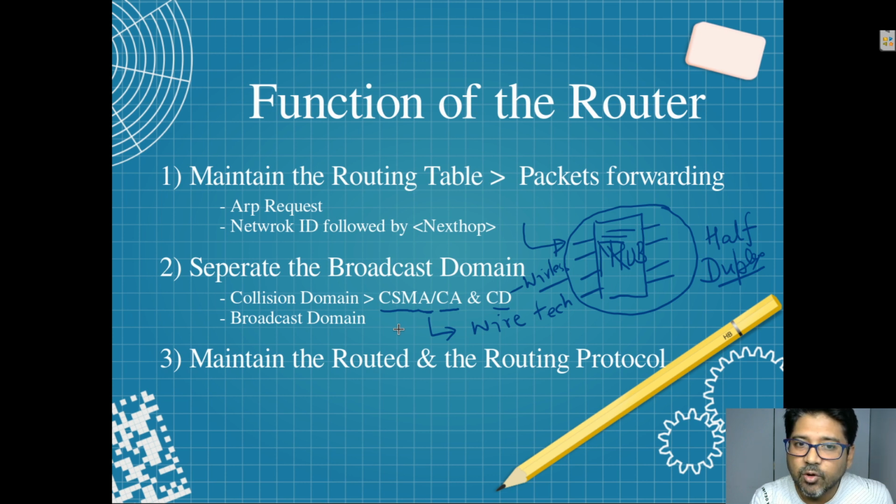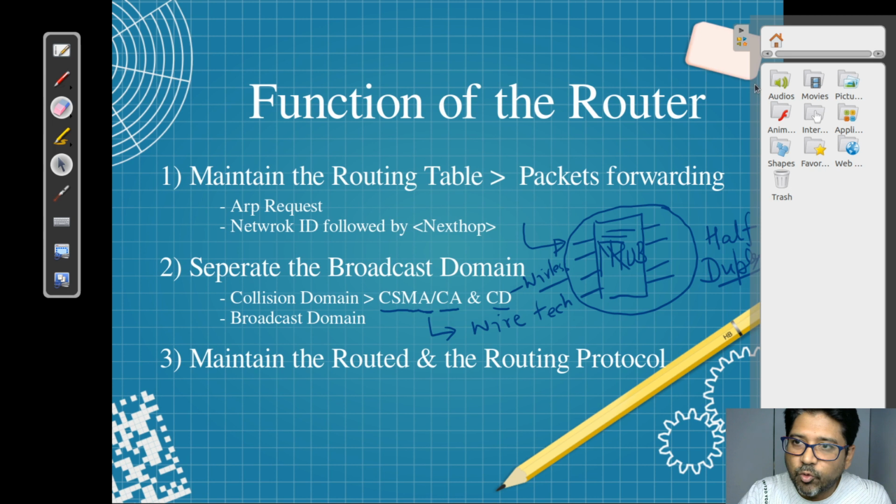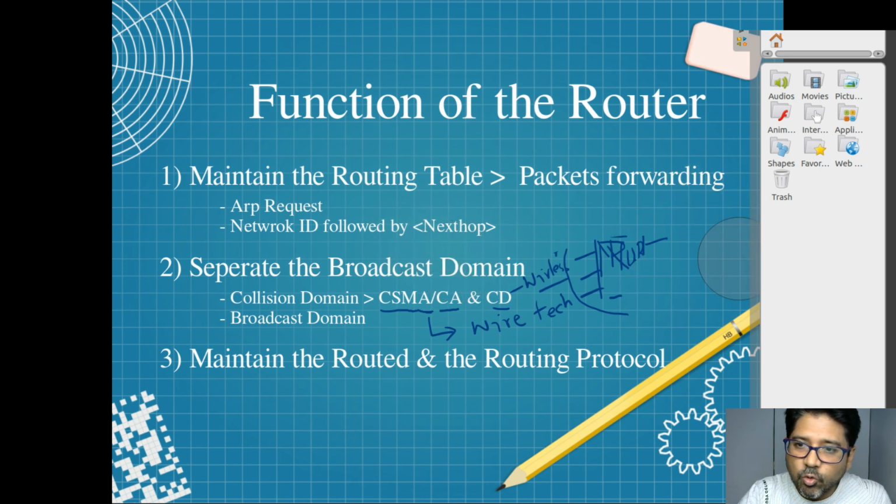They will wait until the communication from one PC to the other PC completes, then they're going to start with PC2. So this is the collision domain. Every switch port is going to separate the collision domain. Same way, a router is going to associate with the broadcast domain.